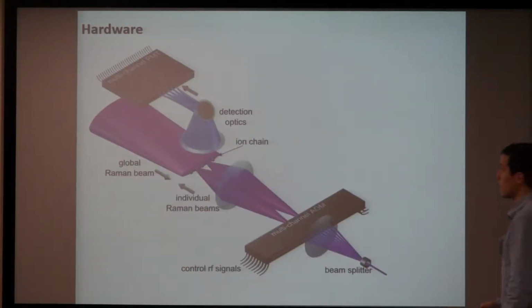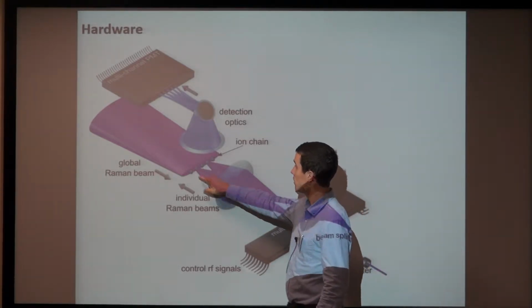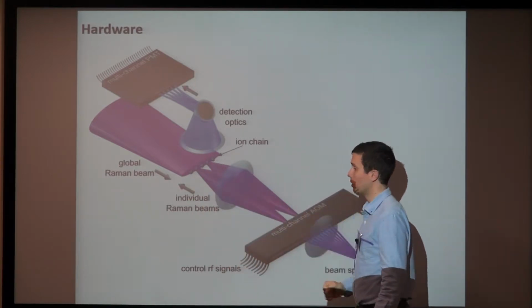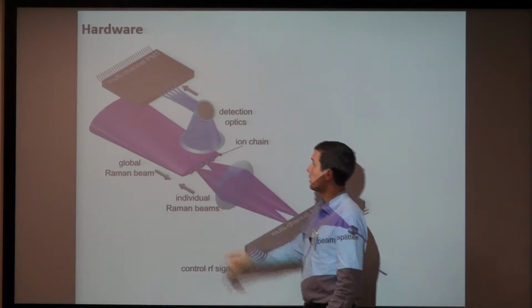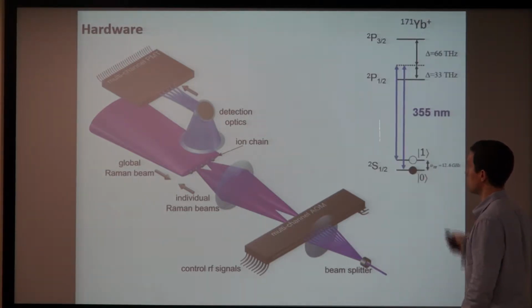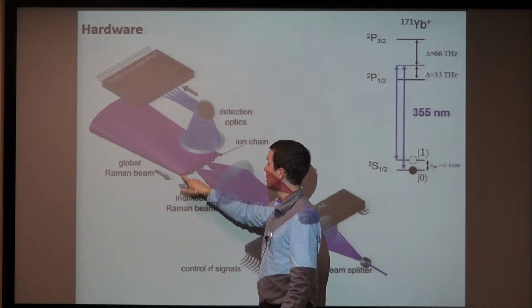So this is a sketch of what our system looks like. The trap itself is not shown. Each of these little dots in the center is a ytterbium ion. So currently we work with 7, and here there's 5 in this picture. And we apply these Raman beams that I presented on the previous slide in the following way. There's one beam from the back, which illuminates the entire chain.